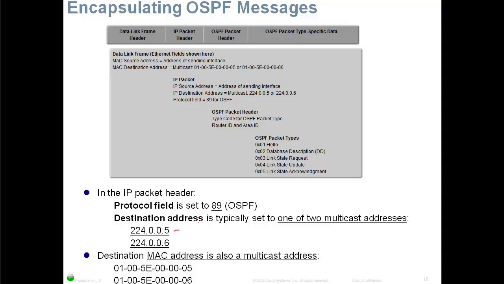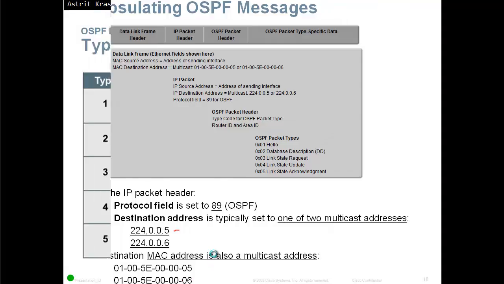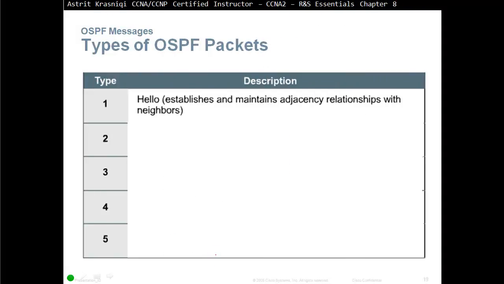The destination MAC address is also a multicast address. As you can see on the screen, it's 01005E, and then 000005 and 000006. So these are the 5 packet types that we're going to talk about in more detail now. The first packet type, like we've gone through again and again, is hello.